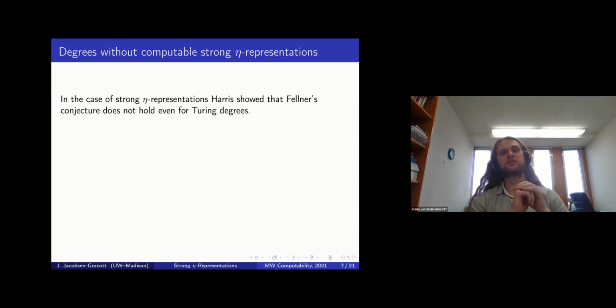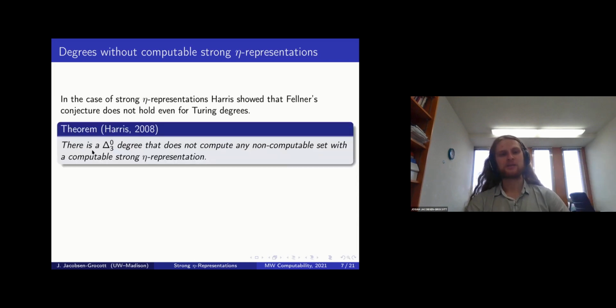However, for strong eta representations, it's not so nice. Harris was able to show that Feiner's conjecture doesn't hold even for Turing degrees. He showed there is a Delta^0_3 degree which does not compute any non-computable set with a computable strong eta representation.